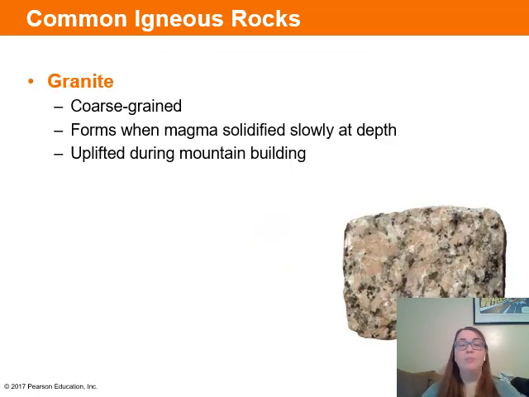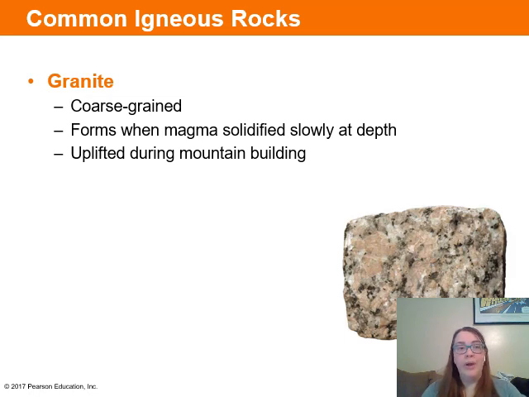So now we're just going to briefly go over some of these really common igneous rocks. Again, granite is something that we see all the time right now. But granite is very coarse-grained. When we look at this image, we can easily see the individual minerals without the need of a microscope.